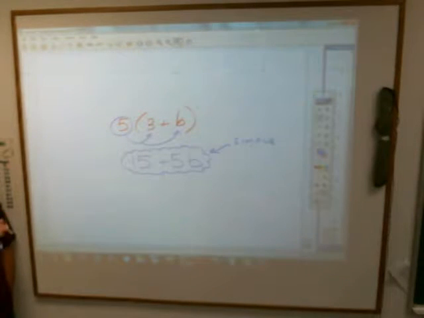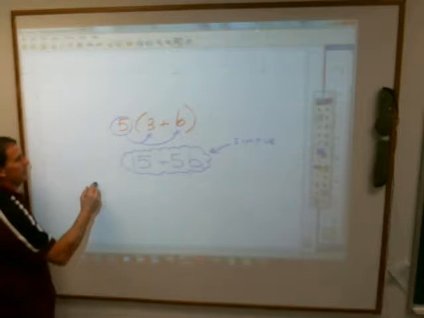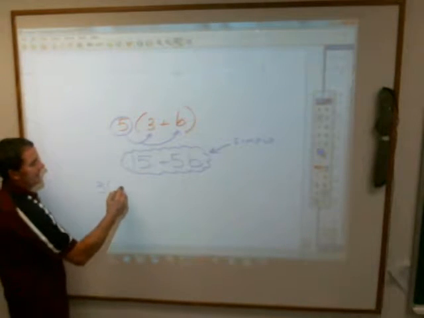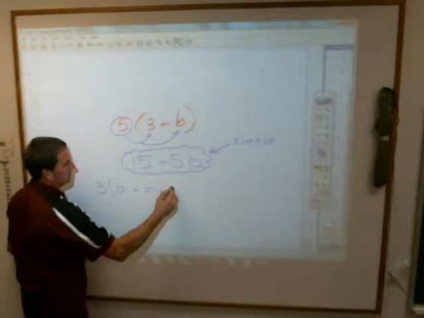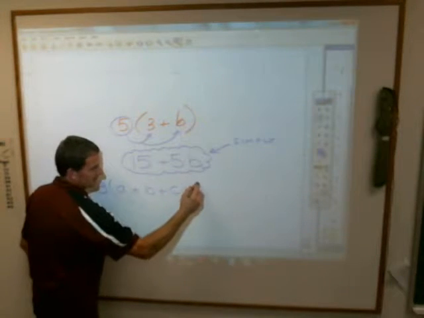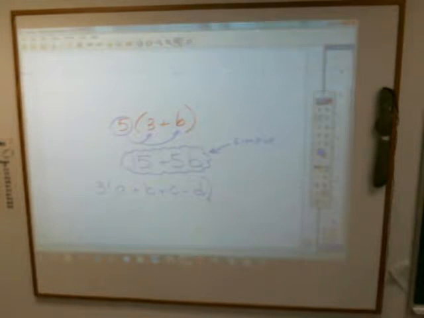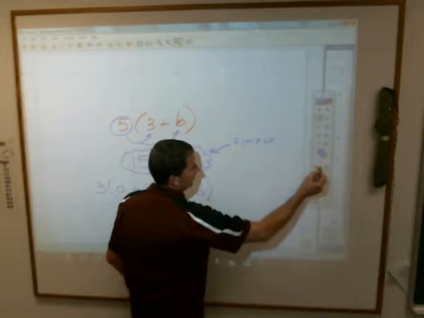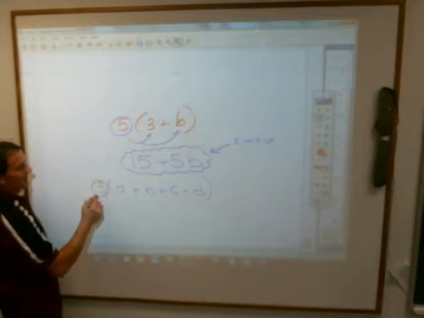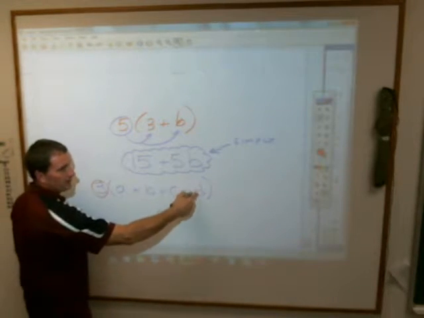Now, it doesn't matter how many things you have in the parentheses. Check this out: I can have 3 times (A plus B plus C, minus D). If they asked you to do the distributive property, you are just going to take that 3, and like I said, it has to be by every term in that parentheses.